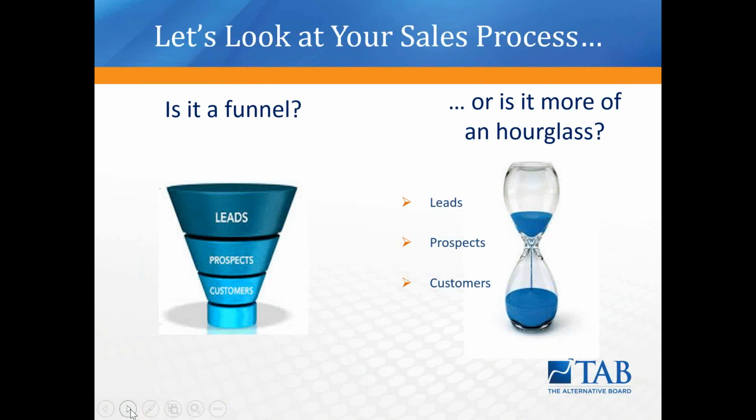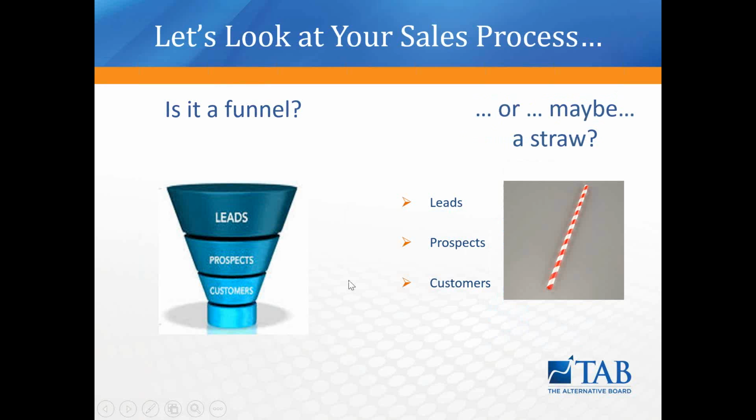The hourglass, we're all familiar with it, the sand only goes through the glass at the rate at which the narrowest part of the hourglass will allow it to. And maybe people think that the bottom half will catch up. But in truth, you have a limiting factor, more like a straw.